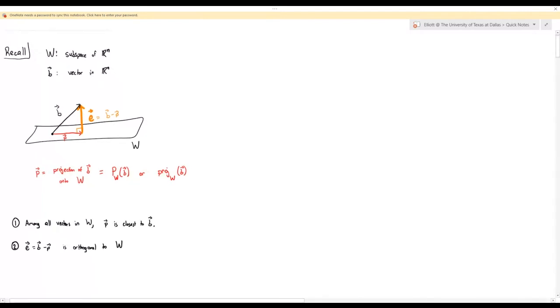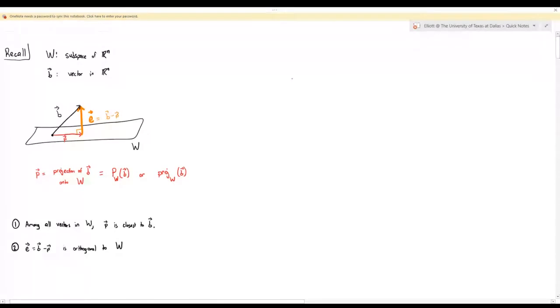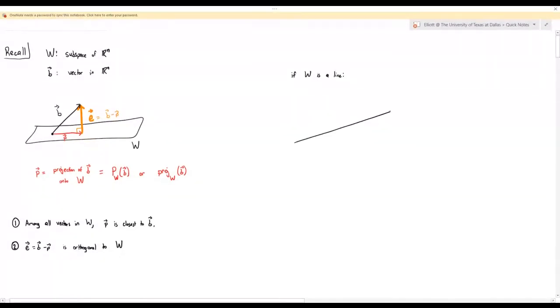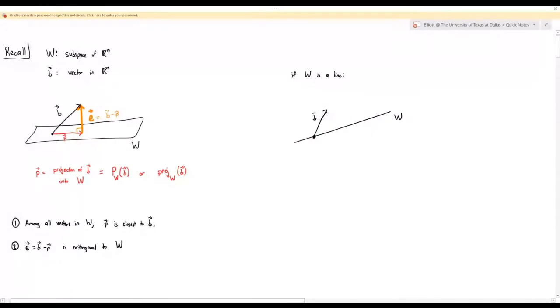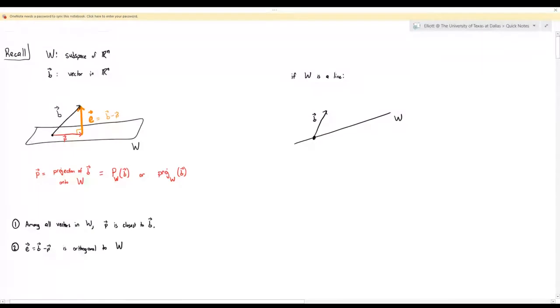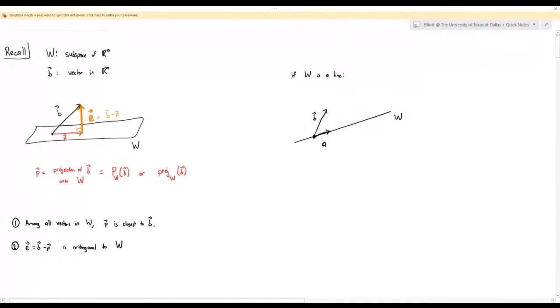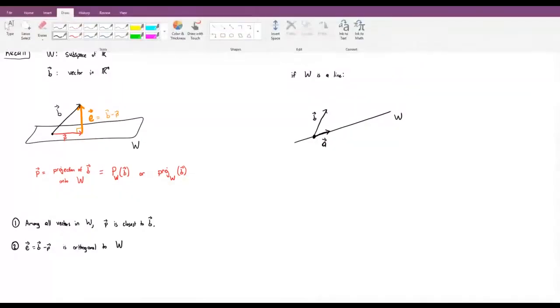Now I went over the special case where W was a line. So I'm not going to go through all of it again, but I'll just remind you, we came up with a formula for the projection of a vector B onto a line. So the formula depended on choosing a vector A that lies along the line.